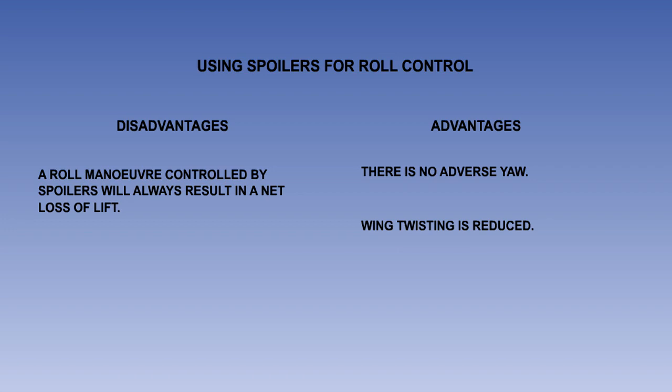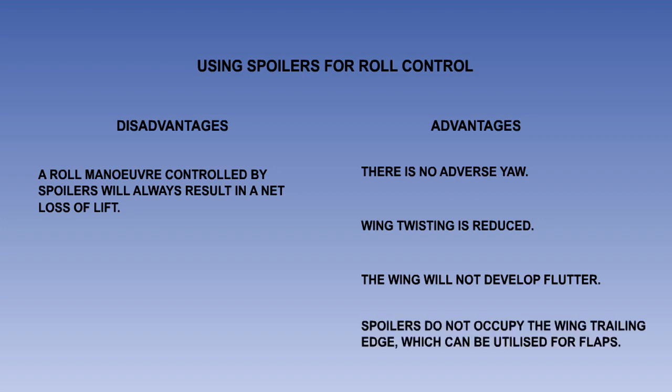Wing twisting is reduced. The loss of lift is distributed across the chord, rather than being concentrated at the trailing edge. It does not suffer from the phenomenon of flutter. Flutter will be explained in a later lesson. Spoilers do not occupy the wing trailing edge, so there is more space available for trailing edge flaps.